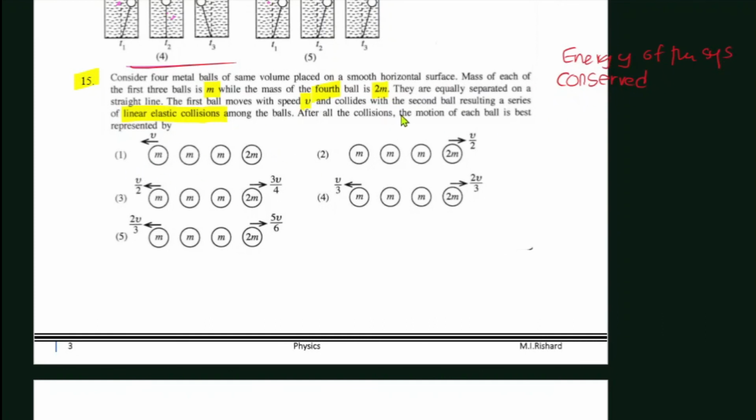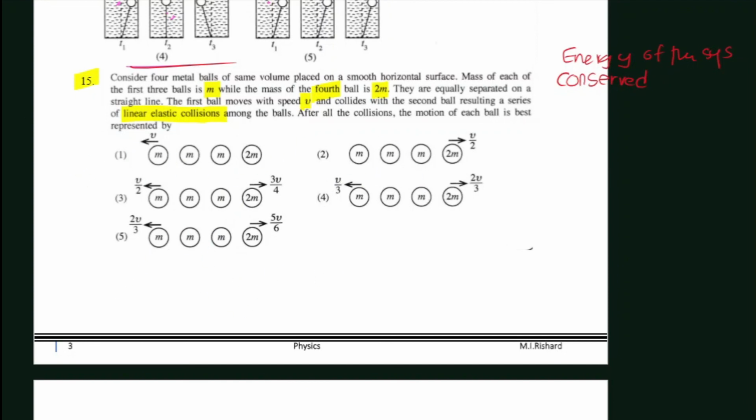The energy of the system is conserved. So what they're saying is, after the collisions, you need to see which of the following systems correctly represents the motion after all these balls collide with each other.